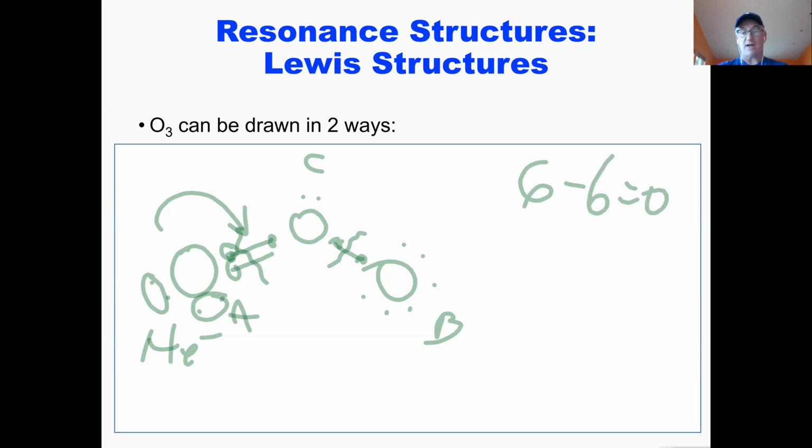Now let's look at oxygen B here on the other side. How many valence electrons does it have? It's supposed to have 6, and we'll subtract the number it actually has. How many valence electrons could oxygen B claim to have?